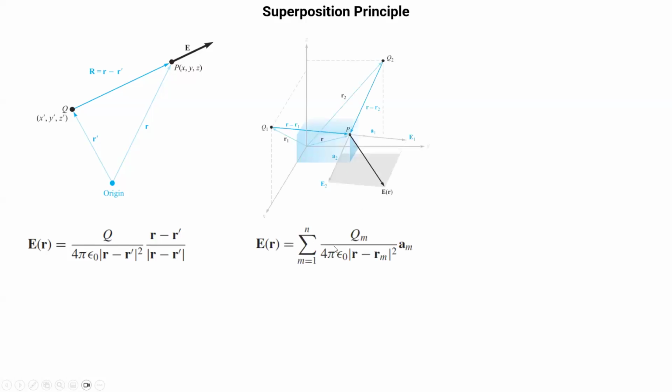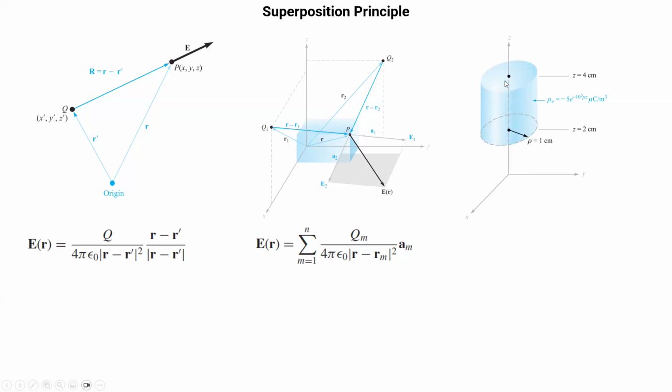All right, the final one, the superposition principle. Very quick. The superposition principle means that the field from a system of charges simply equals the algebraic summation of all fields from all charges, right? And why is it important?